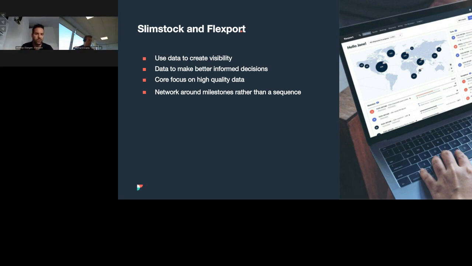Visibility is nice, not if you can't make any decisions with that, and I think that both companies are truly focusing on that. Would you agree to that? Yeah, totally. I think it's absolutely essential to have this high quality data and making best use of it, and also being able to draw the attention to the data which is important. I think there's lots of data in organizations, but being able to highlight that data which is relevant.